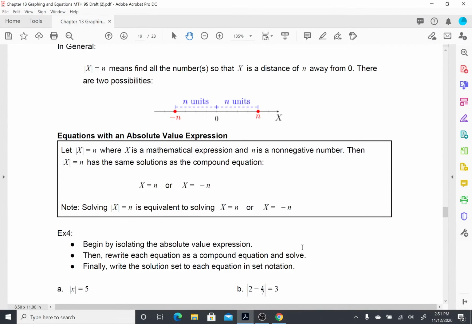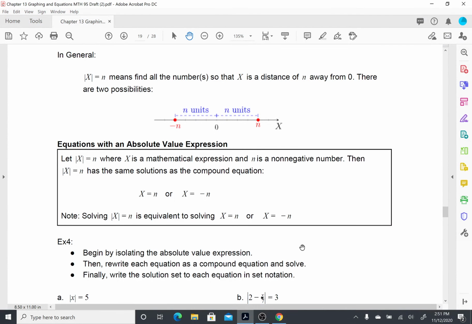In general, this is just a review. The absolute value of x equals n means find all the numbers so that x is a distance n away from 0. There are usually at least 2 possibilities. We can go to the left and we can go to the right.